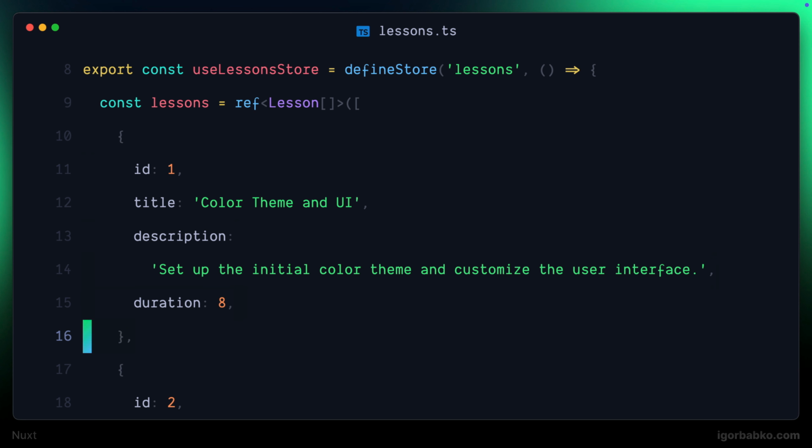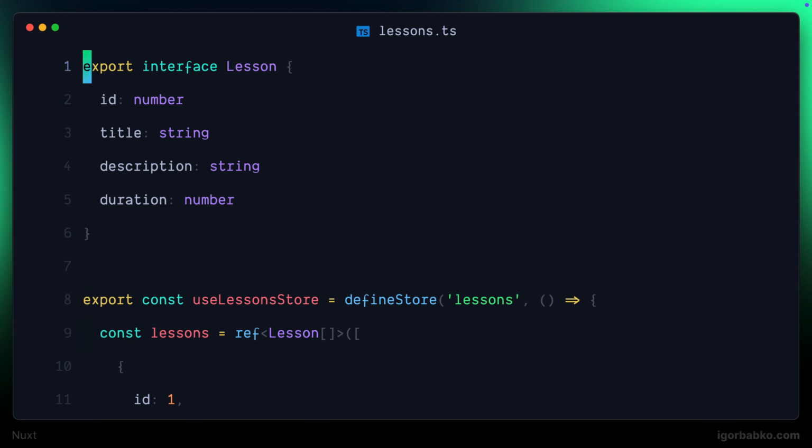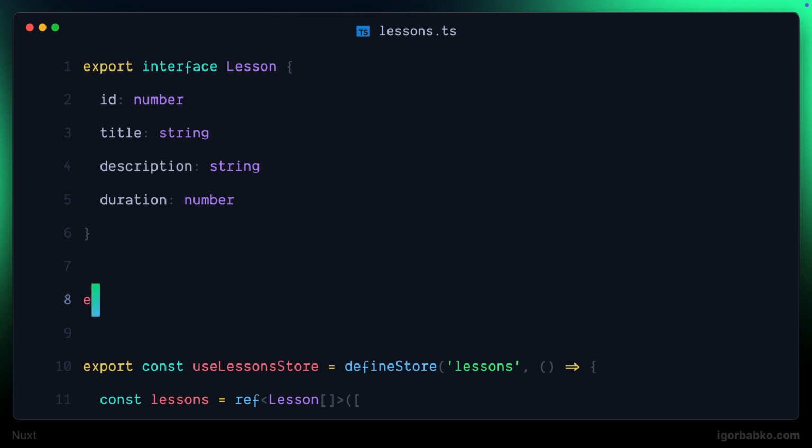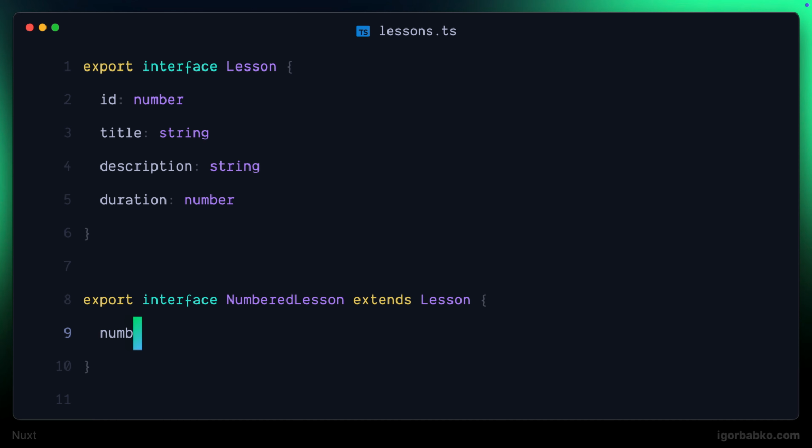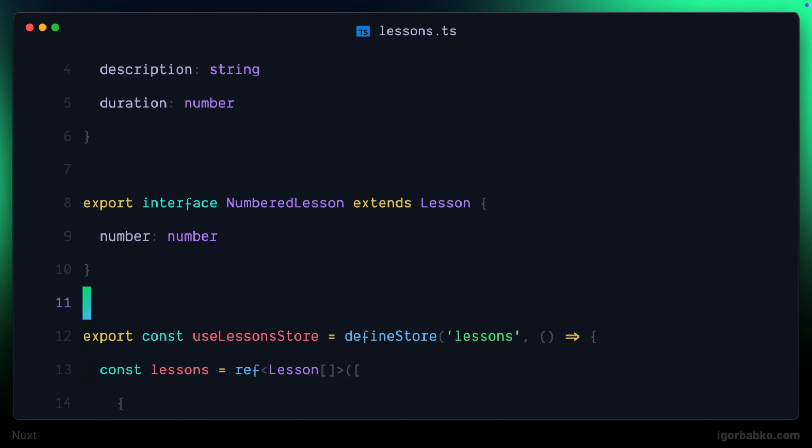For now, to fix it, let's do the following. I'm going to define another interface right here that will be called NumberedLesson, which will basically inherit all the properties from the lesson type, plus it will define one more property with the name number that will be of the number type.